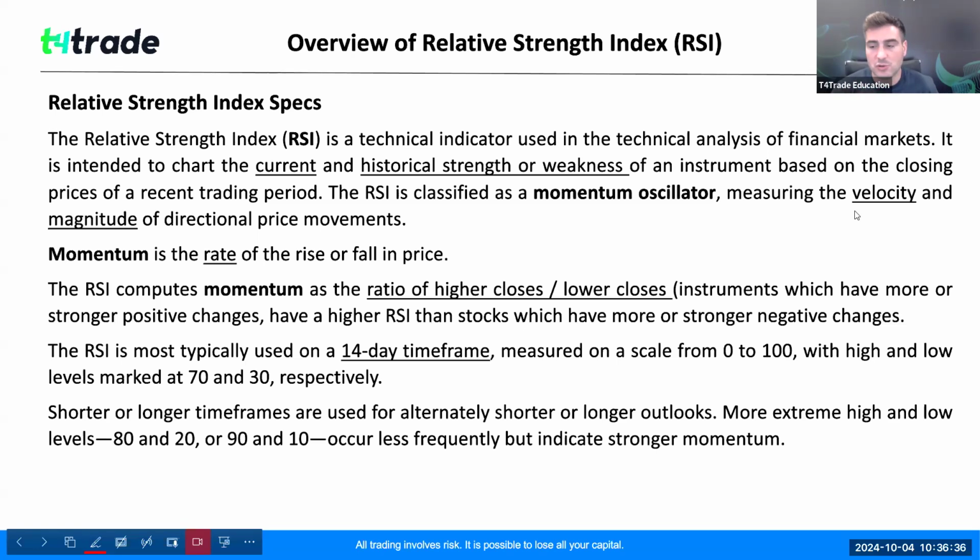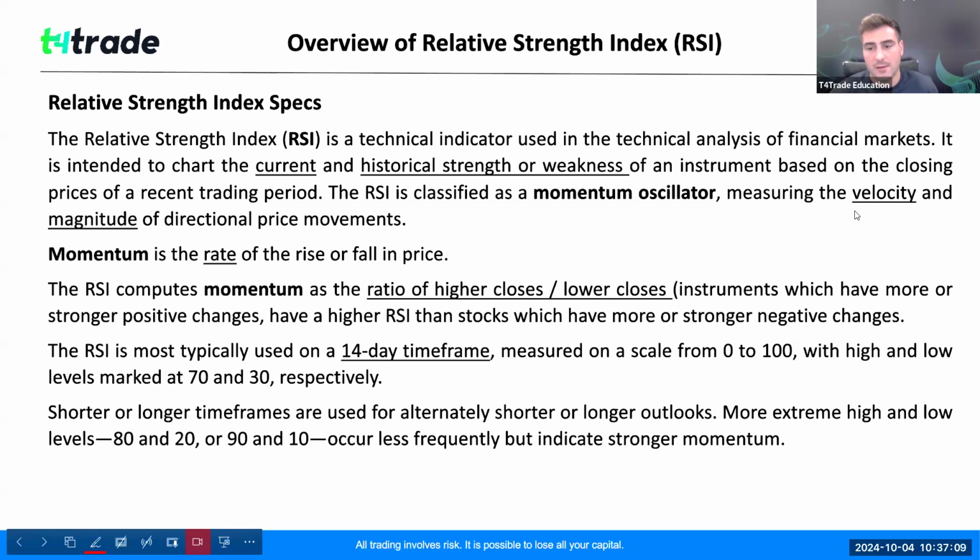RSI is most typically used on a 14-day time frame. It's just a plain old rule of thumb. And the RSI oscillator or indicator is measured on a scale of 0 to 100, with 100 being the extremist of the extreme when it comes to overbuying tendencies. 0 is the extremist of the extreme of the overselling tendencies that the market has.